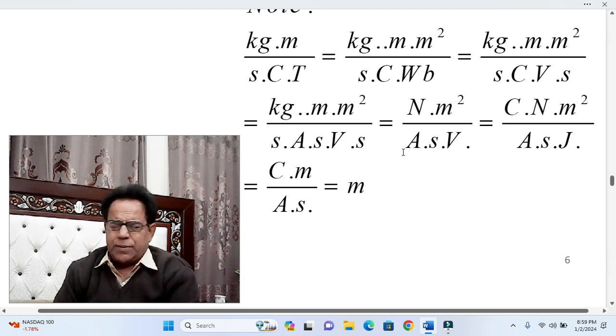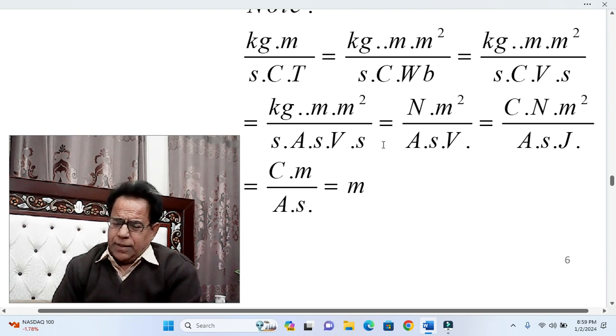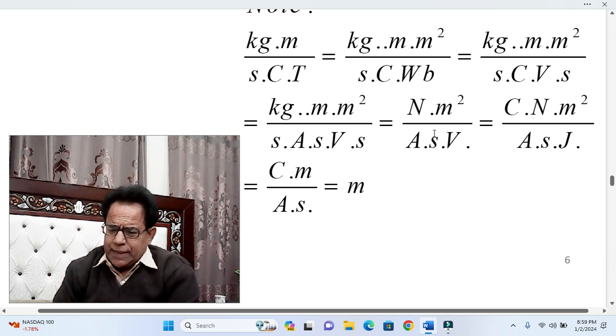Anyhow, dear students, next to this, it has turned into Newton meter square per ampere second volt. Then in the next step, coulomb into Newton into meter square over ampere second joule. Now joule has been involved.